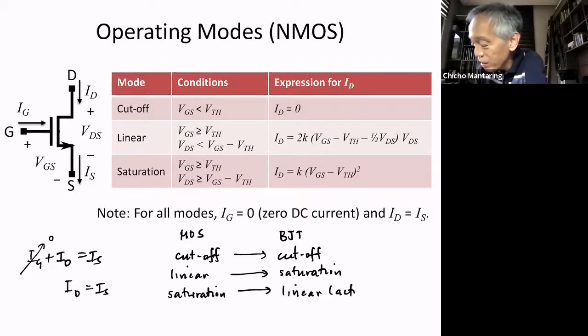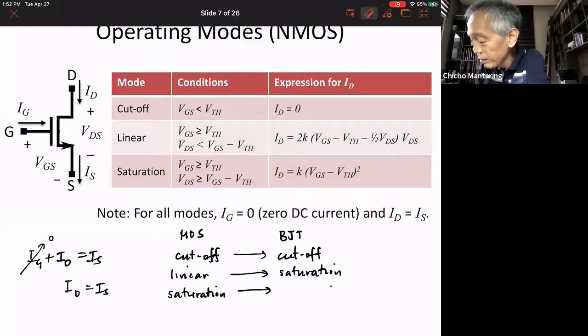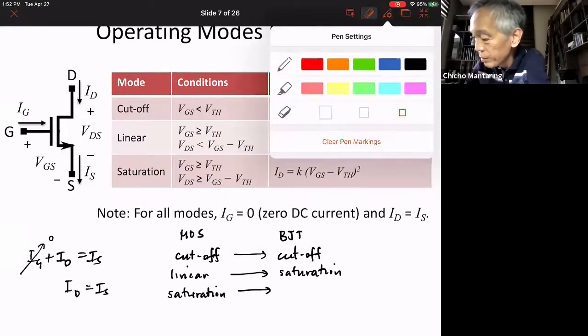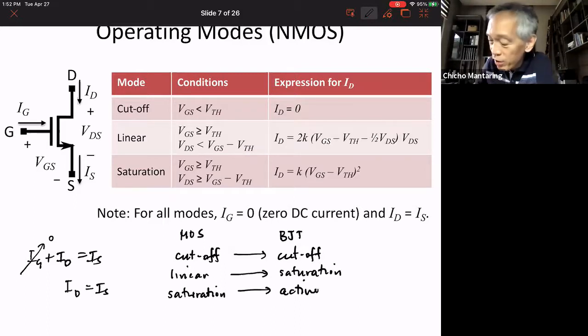Forward active mode. So here, active. So don't get confused. The saturation in the BJT is almost equivalent, not exactly, but it roughly corresponds in the MOS to the linear mode or the resistive mode. And then the saturation in the MOS corresponds to the active mode in the BJT.